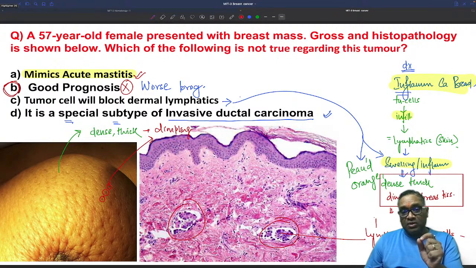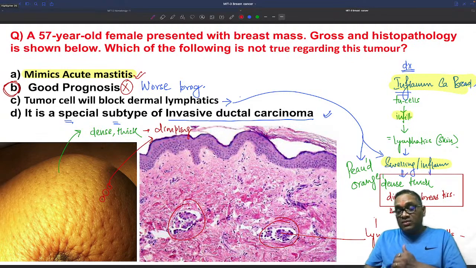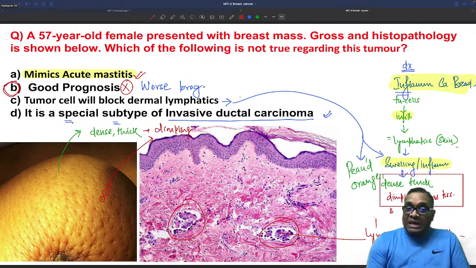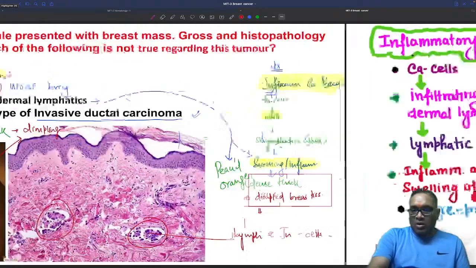But on high power view, you will find hyperchromatic cells with a high N/C ratio, all suggesting malignant cells. They mimic inflammation because they are inside the lymphatics, but when you go closer, you understand these are malignant cells. That is why it is also called inflammatory carcinoma of the breast.